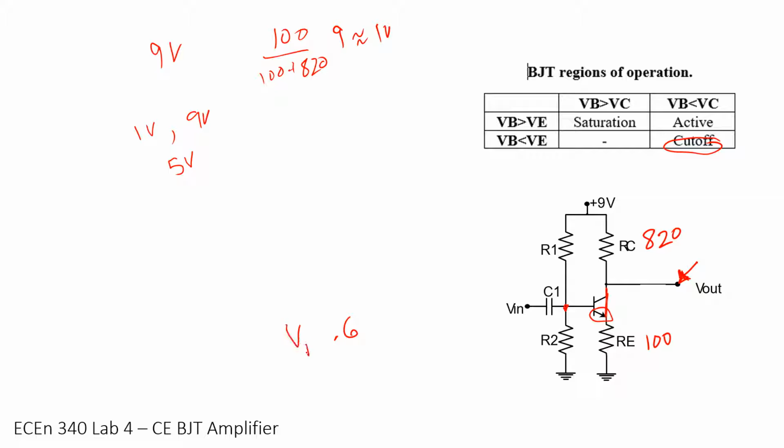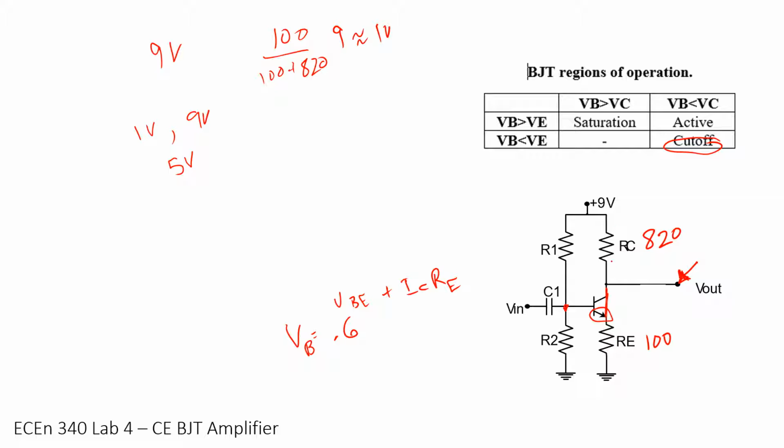Because VB is going to equal my VBE plus my current times my resistor. And technically, our current through our collector and our current through our emitter are not identical, but they're certainly close enough for our purposes.